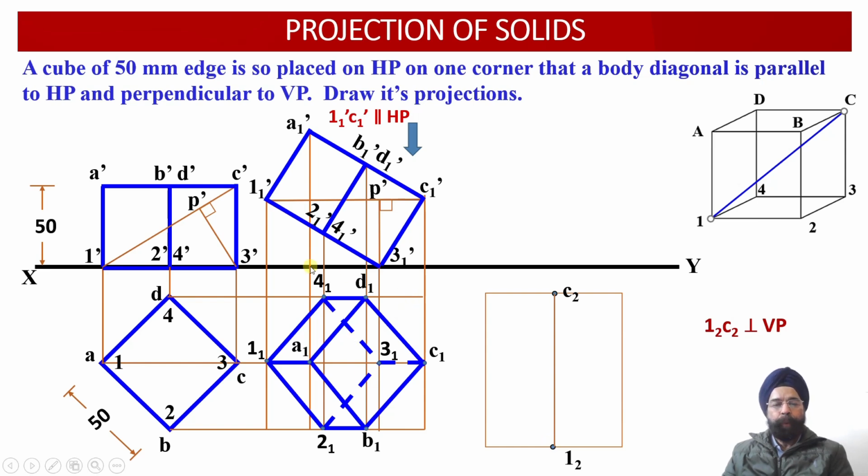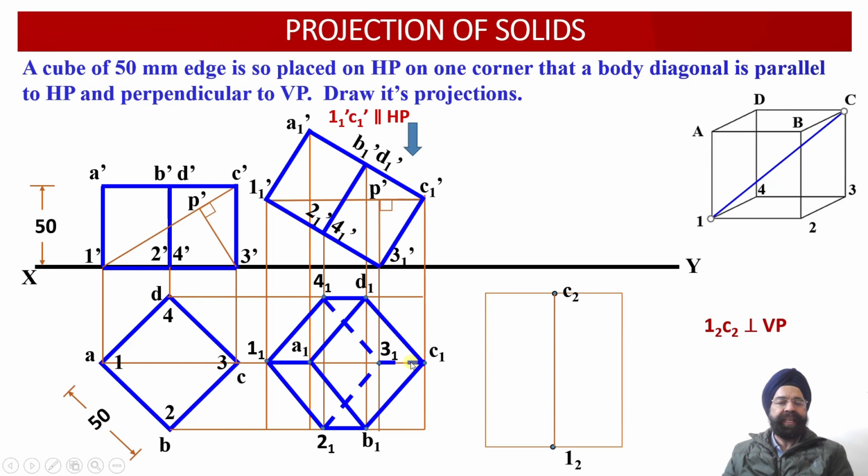Now how do we obtain all the other remaining 6 points? Please see, we know this edge over here is equal to this edge. So from this edge, we measure this rectilinear distance, that is the distance between C1 and 3,1.